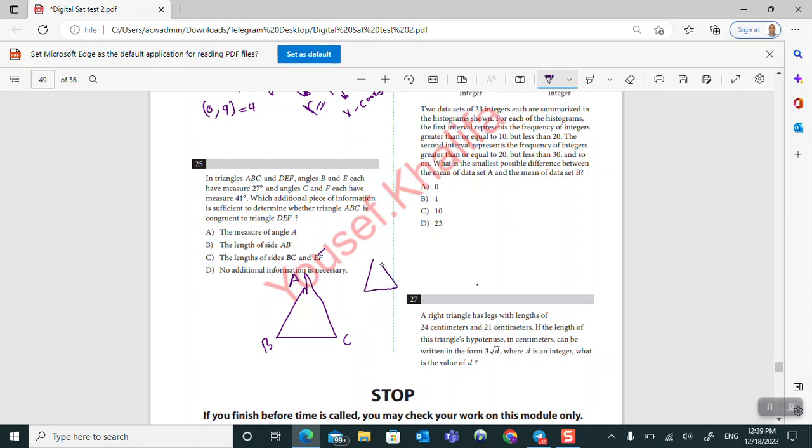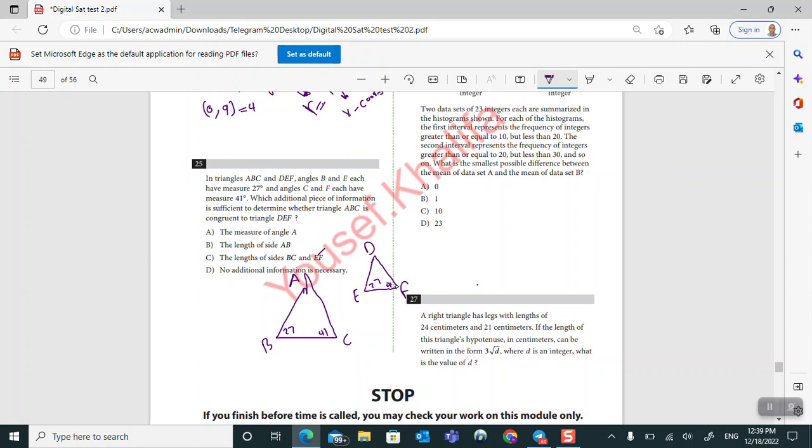Let's draw the other triangle, D, E, F. So that's 27 and that's 27. And we have C and F each have a measure of 41. Which additional piece of information is sufficient to determine whether triangle ABC is congruent to triangle DEF?